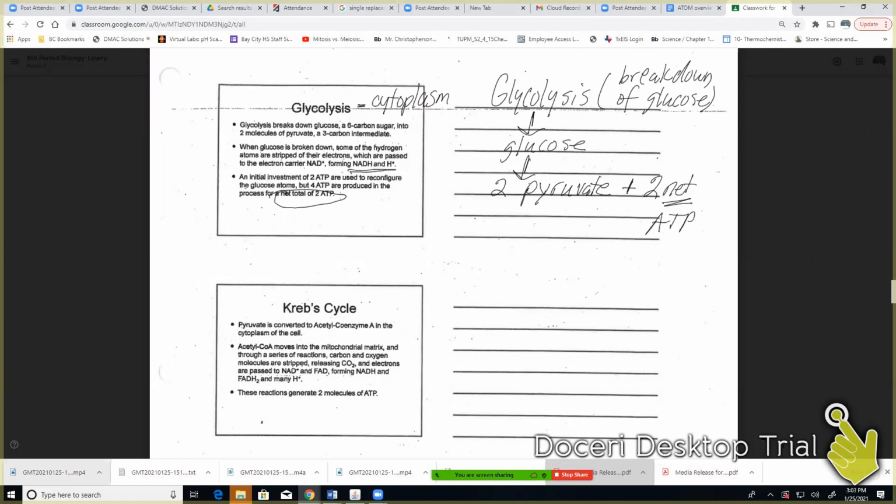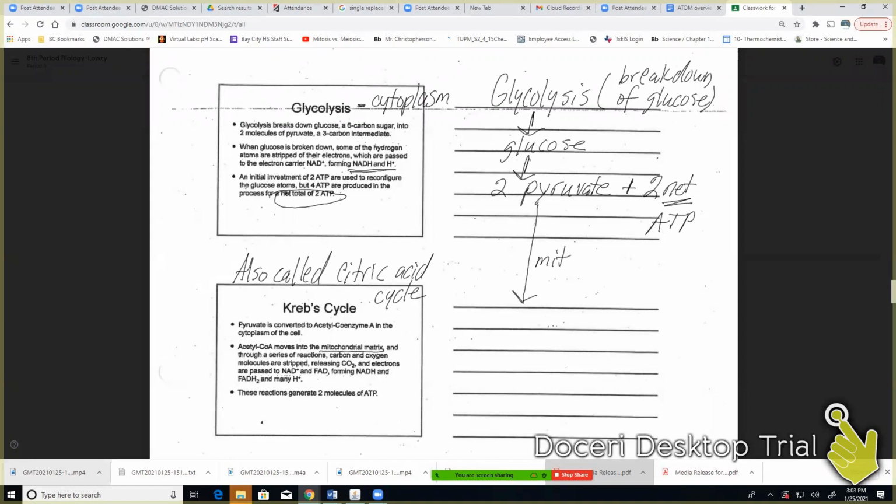Then from there, it goes into what's called the Krebs cycle, also called citric acid cycle. And this takes place in the mitochondrial matrix. And it's when it takes the pyruvate that were produced here, and now it's going to continue on.